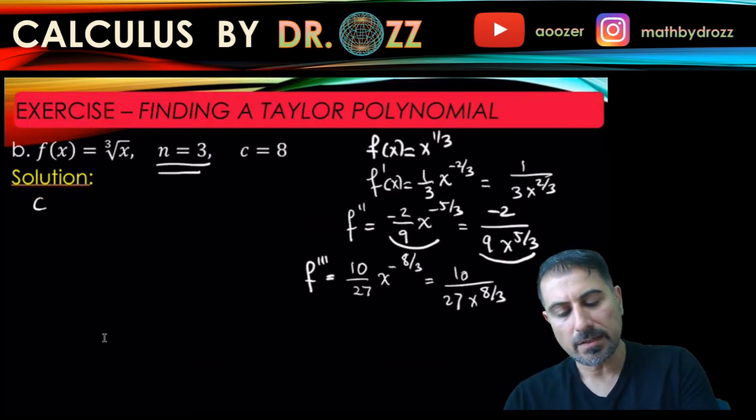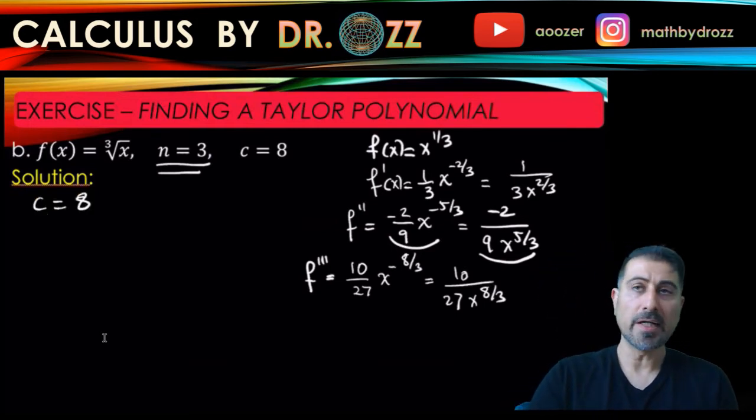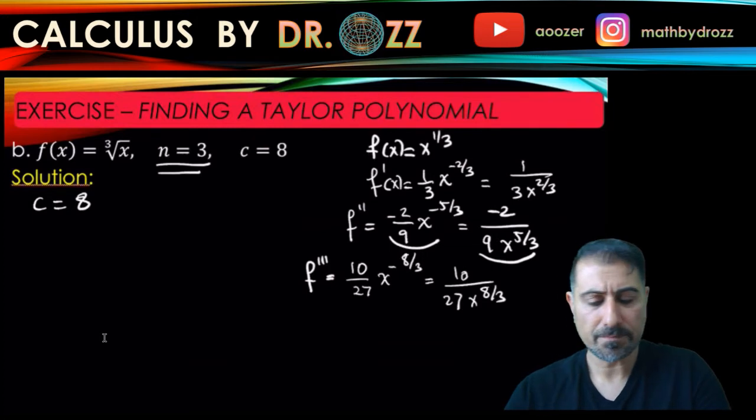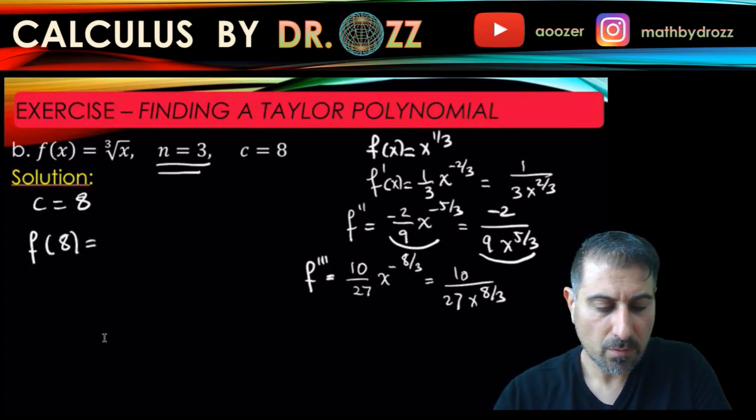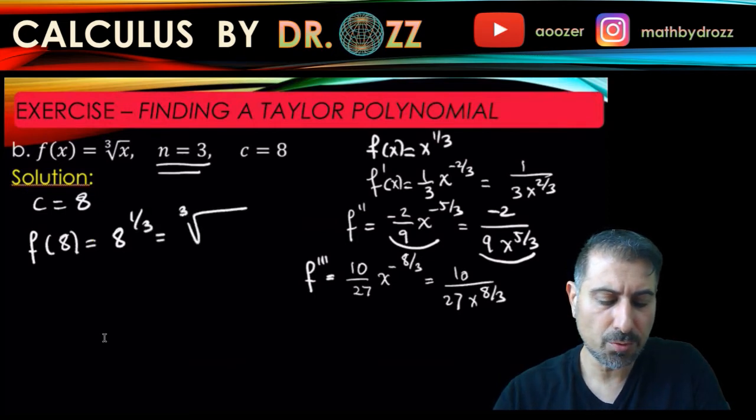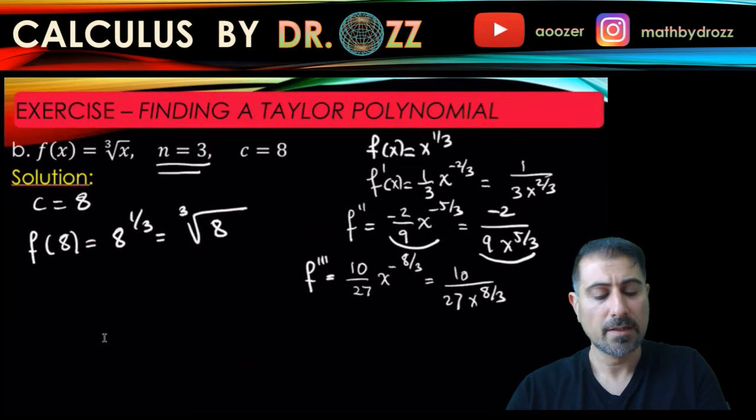C equals 8. So that means I'm going to evaluate all of these at 8. Have your calculator ready. So f of 8, which is in fact the cubic root of 8, is equal to 2.